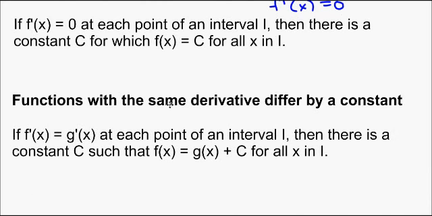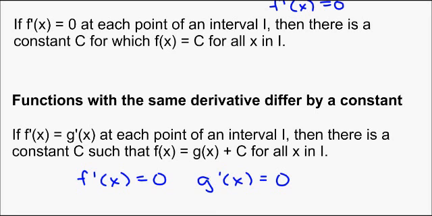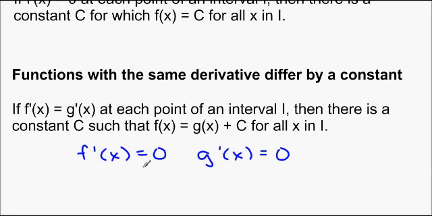Functions with the same derivative differ by a constant. If f prime of x equals g prime of x at each point on an interval I, then there is a constant c such that f of x equals g of x plus c for all x in I. So for instance, if f prime of x equals 0 and g prime of x equals 0, then maybe f of x equals 6 and g of x equals 10.